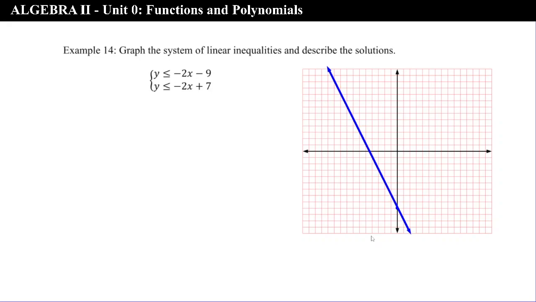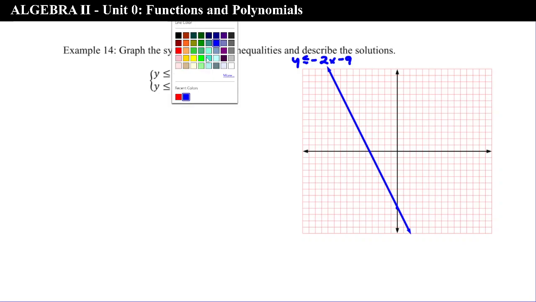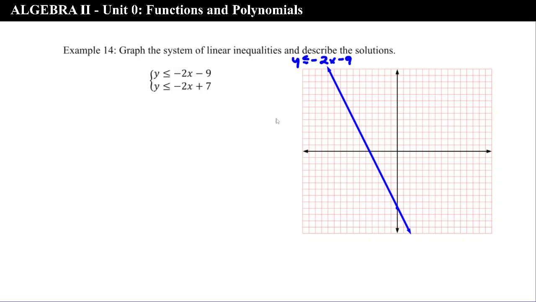Now, let's label that. This one is y is less than or equal to negative 2x minus 9. And let's graph our other one. Let's use red for the other one. When we graph the other one, we're going to start with our y-intercept, so 1, 2, 3, 4, 5, 6, 7.